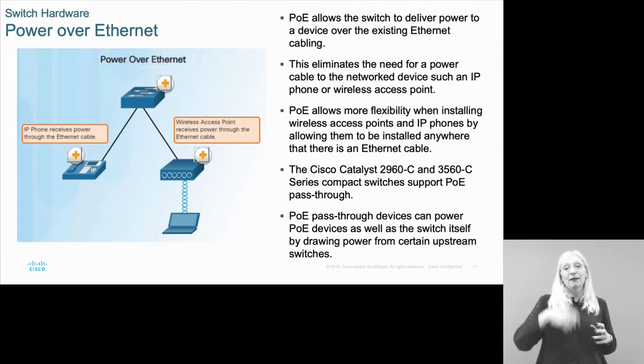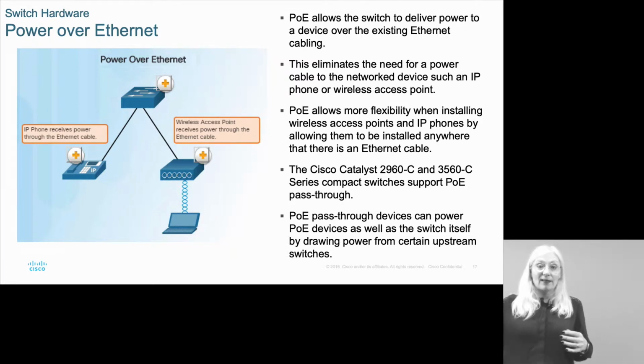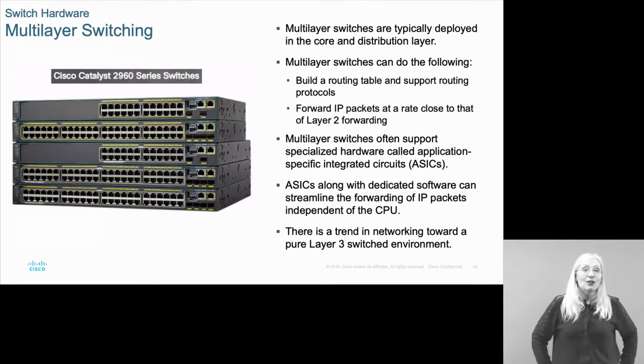You can just plug in the Ethernet cable, and then you actually have power that way as well. Of course, you have to buy these features in the switch so that they are able to use power over Ethernet.